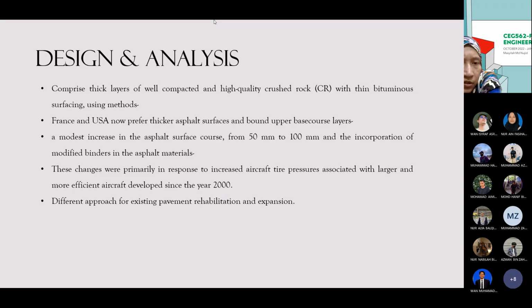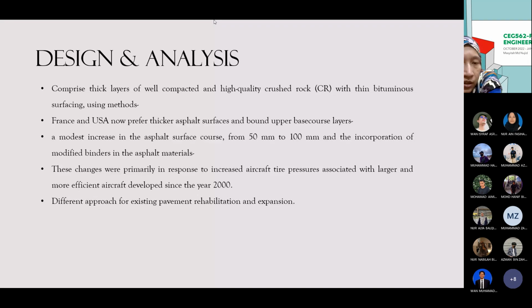The changes primarily in response to increased aircraft tire pressure associated with the larger and more efficient aircraft developed since the year. Tire pressure ni berapa? Anyone notice from the article? Ada tak dia bagi tahu aircraft tire pressure ni berapa? Sebab this one is causes dia kan, one of causes iaitu overloading.